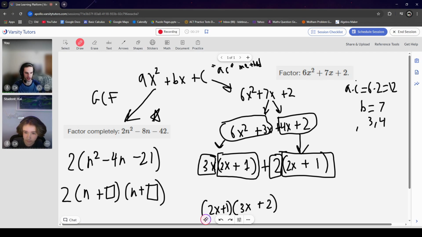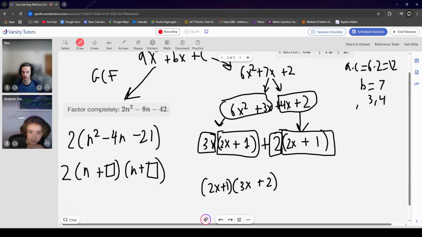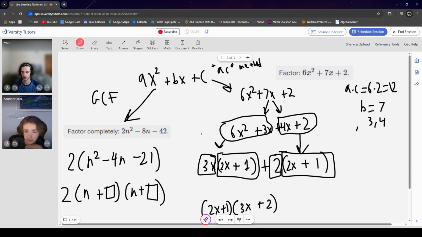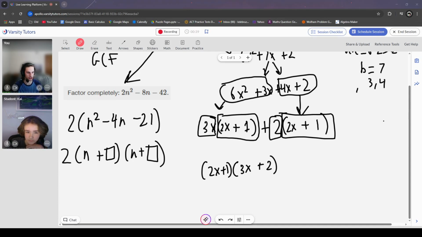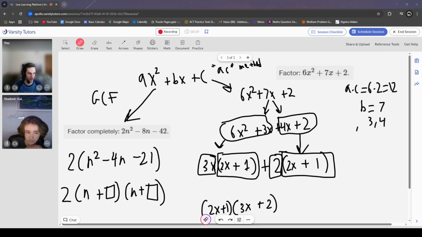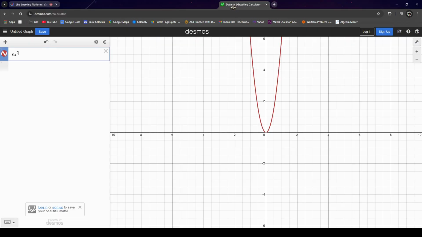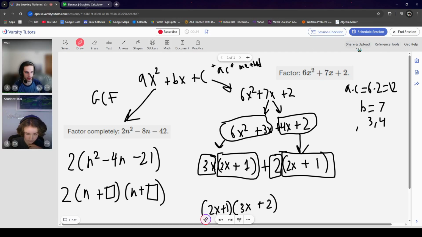Okay, good question. And what are we trying to find in the problems? The goal is to factor, and this is the factored form. Let me actually show you what's happening. Let me share my screen with you.